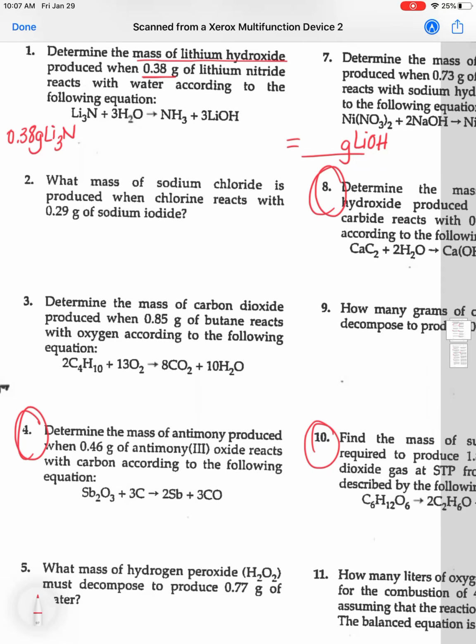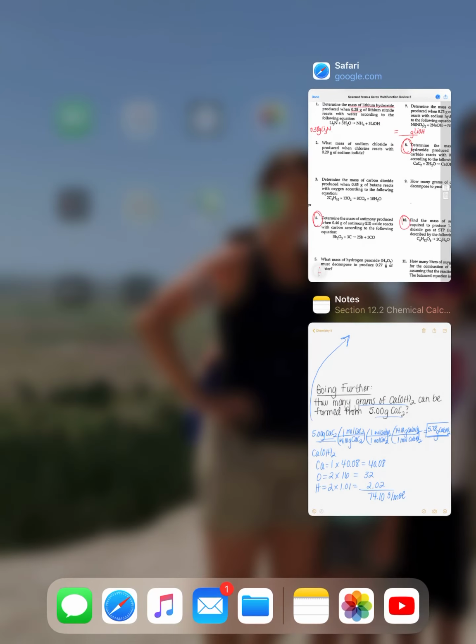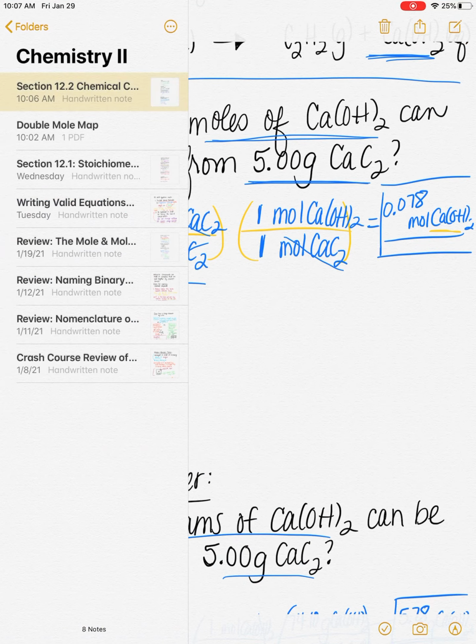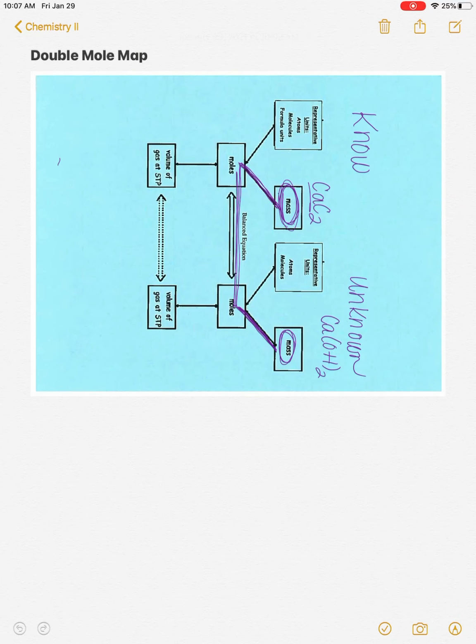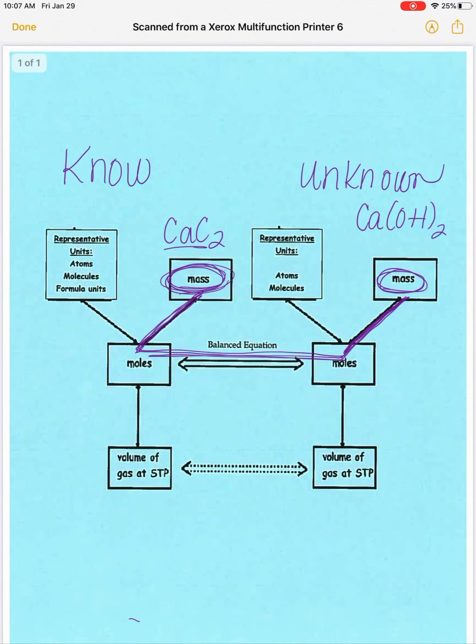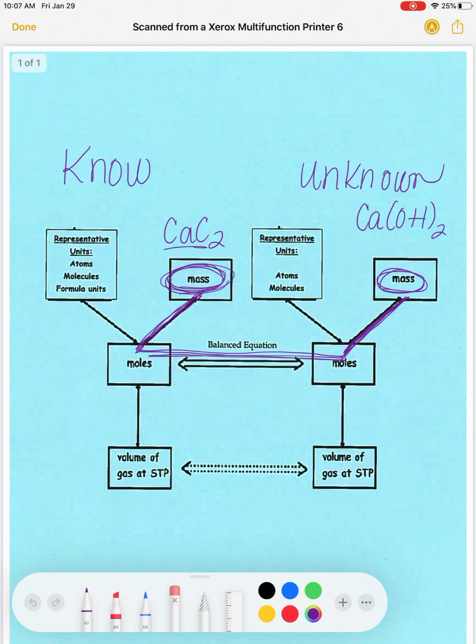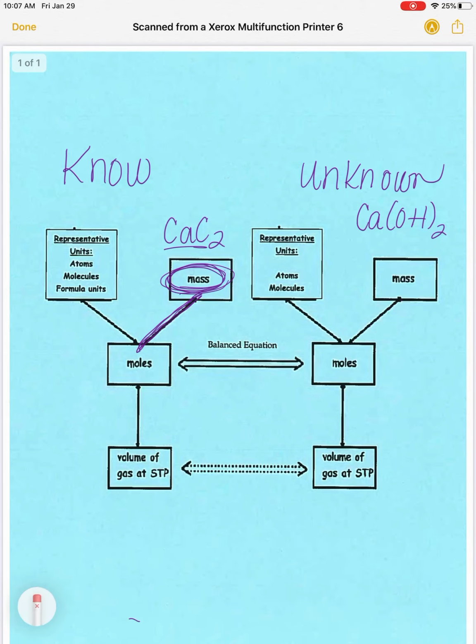All right, so if I go to my double mole map here, let's erase what we've got. Sorry, guys, having trouble with my eraser there.